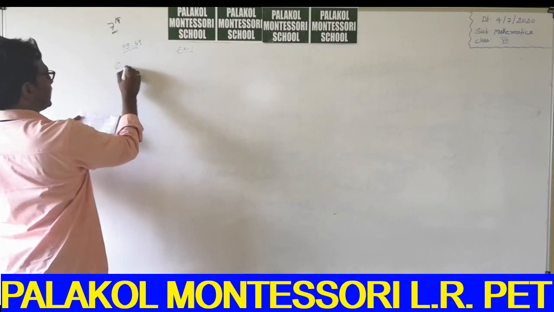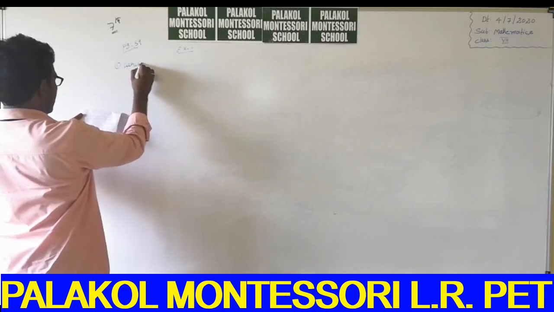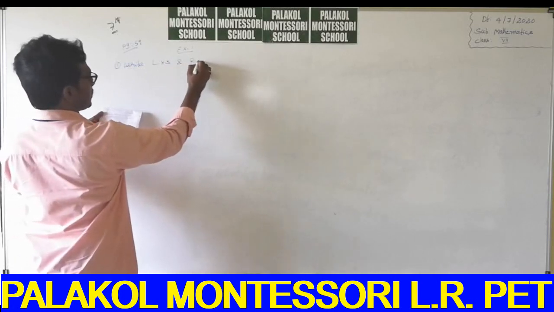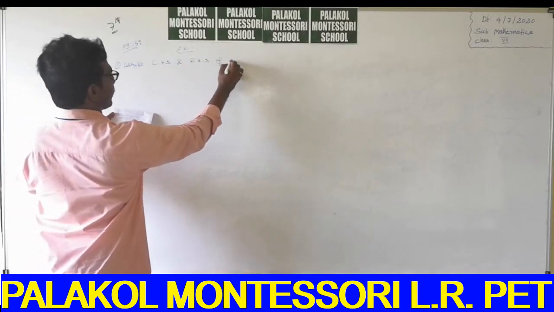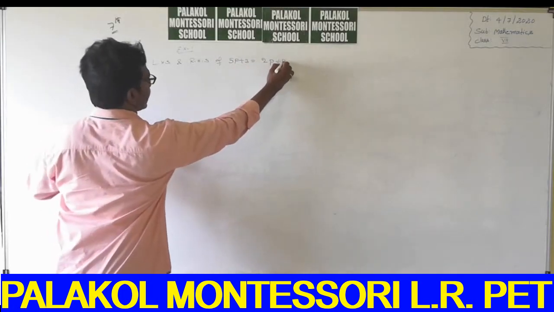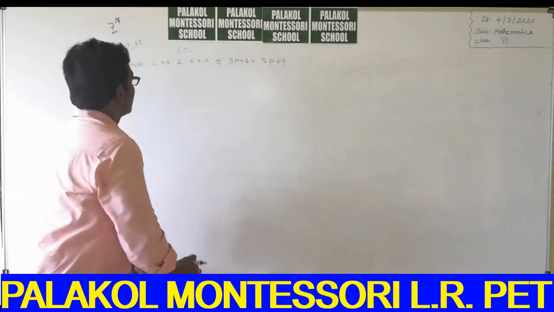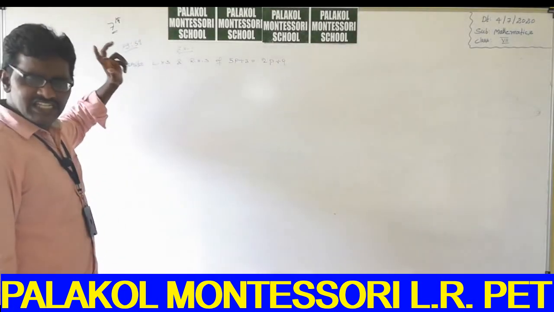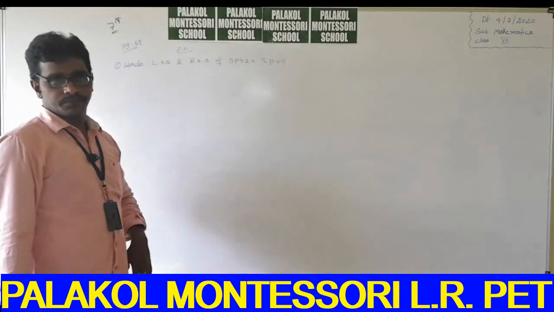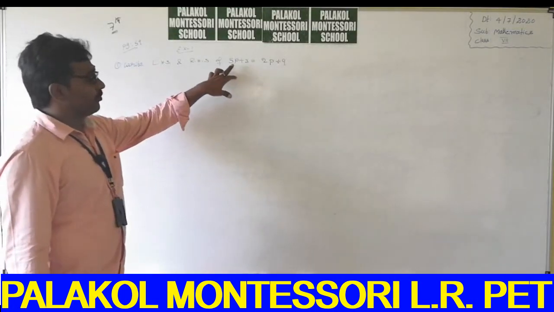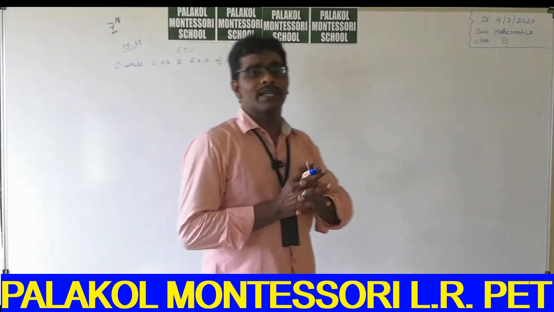First question: write LHS and RHS of 5p plus 3 is equal to 2p plus 9. Guys, exercise first, Roman first question, very easy.